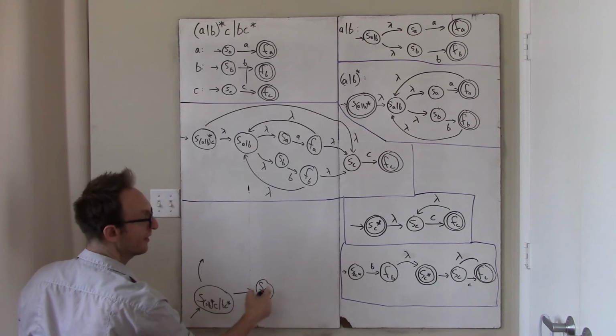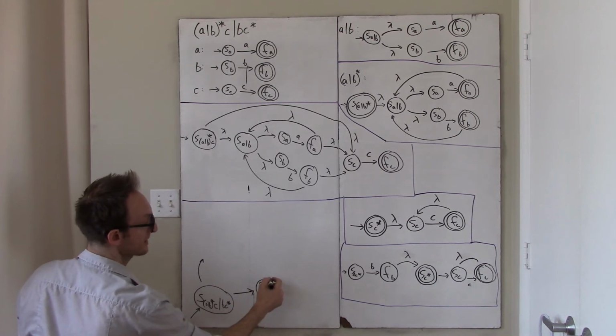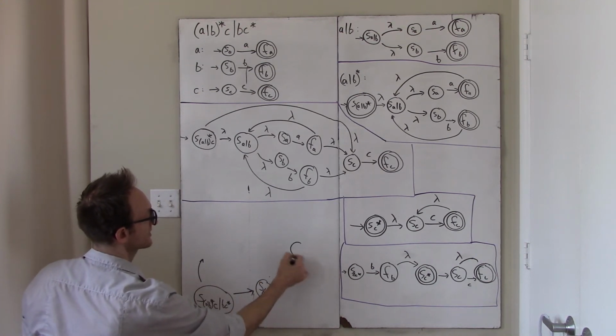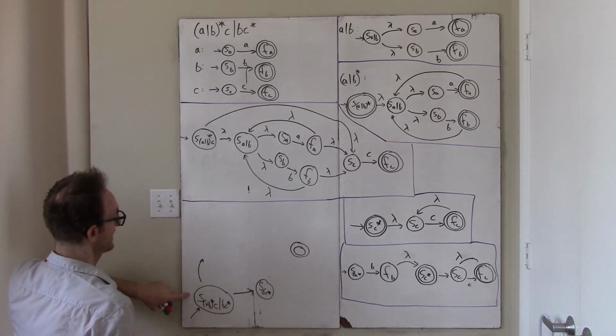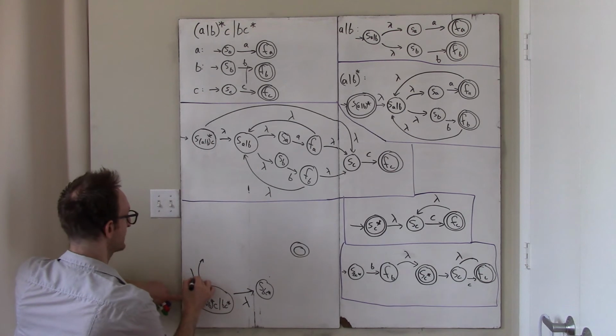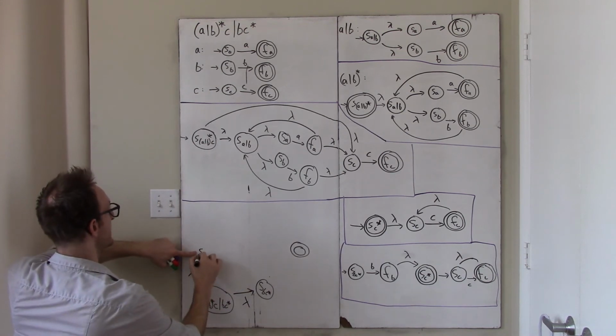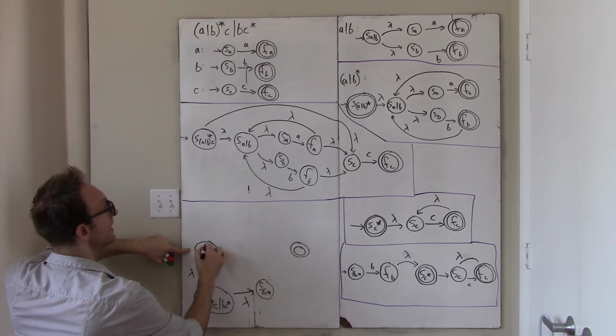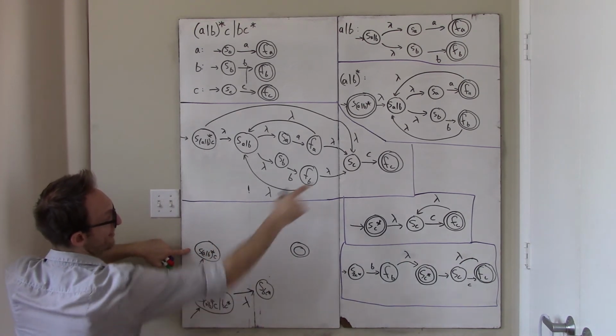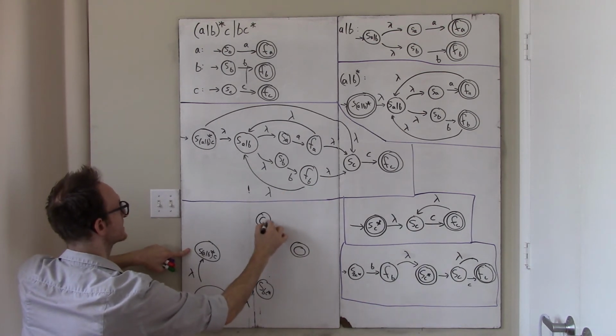Let's not worry about it. But it's going to end with some accept state somewhere, and that's going to be that. And here I'm lambdaing from here to here, and here is going to contain the A or B star C start state, and it's going to end however it ends. It has just one accept state as well.